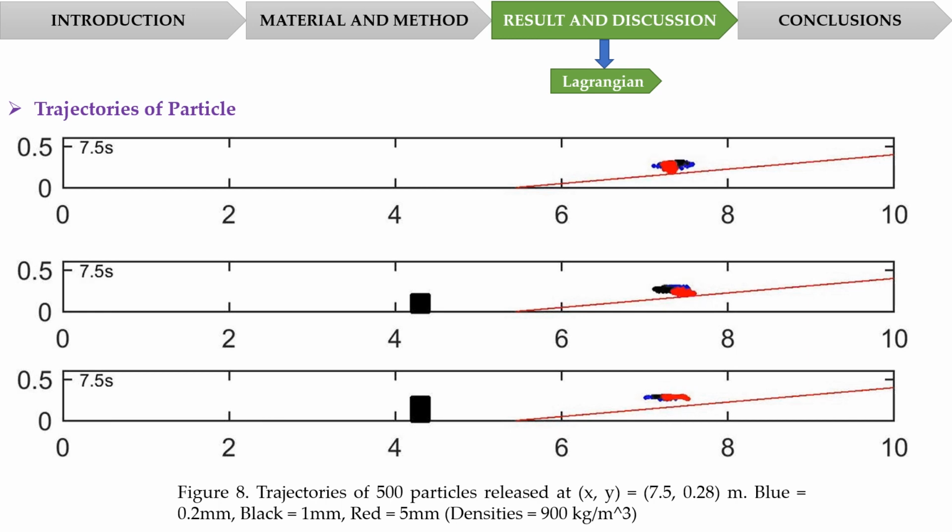Lagrangian trajectory of particles. This slide shows the trajectory of particles released at x equals 7.5 and y equals 0.28 meter for 3K, NS and WS1 and WS2, with a constant density equal to 900 kilogram per meter cubed, and with different sizes.